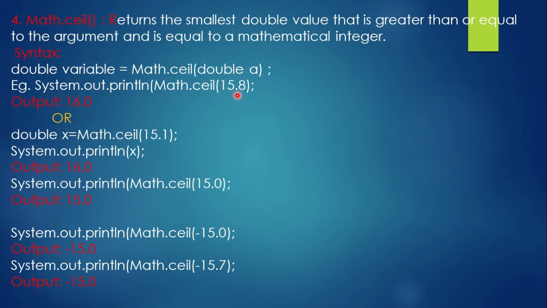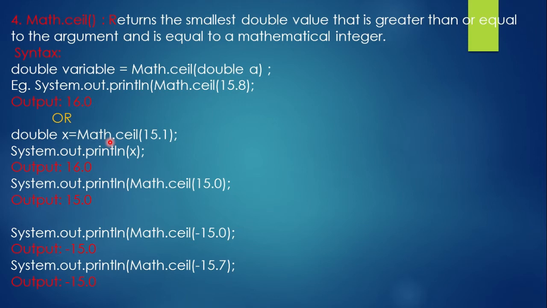System.out.println(math.ceil(15.8)). You will get a double value that is greater than or equal to. This is the important point. Greater than or equal to. So remember ceil. In your house, where is the ceiling situated? Up. In the same way, remember about the ceil function, math.ceil will create a value always greater than or equal to that number only, not less than that.